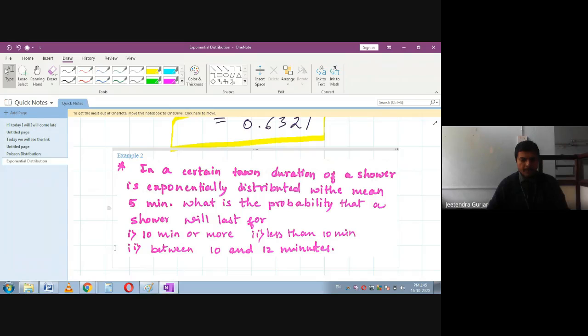What is the probability that a shower will last for 10 minutes or more, less than 10 minutes, between 10 and 12 minutes? So this is the question they have given.